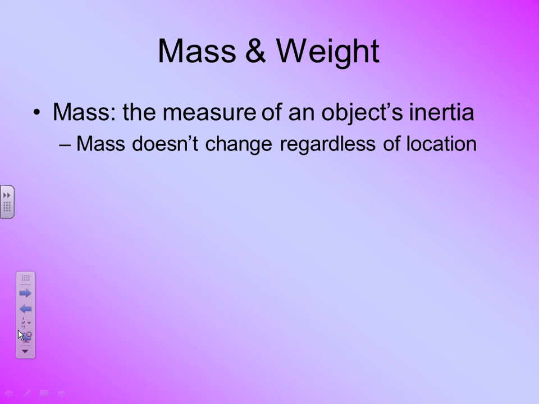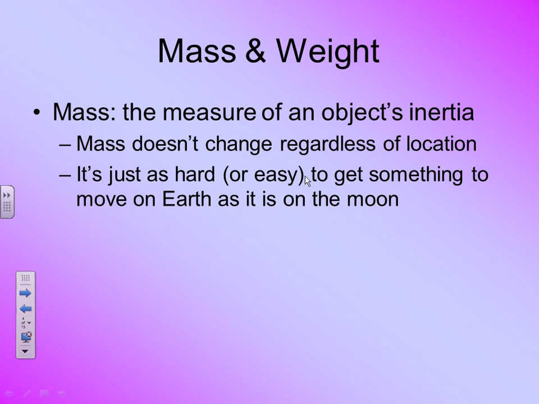Or if we took it anywhere in the universe. But if we took this ball and dropped it here, and we took it to the moon and dropped it there, we would find out that on the moon it actually falls slower than it does here on Earth. I'll show you a video of that in just a second. Because it's just as easy or hard to get something to move on Earth as it is on the moon.